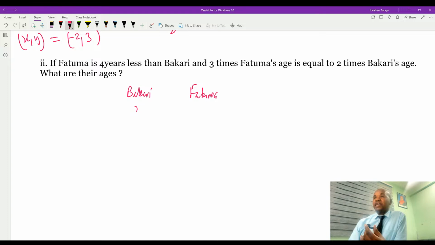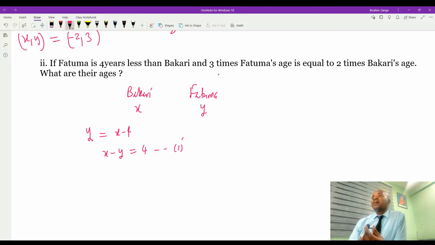So first of all, if Bakari is X years old and Fatuma is Y years old, we'll be having now relationship between X and Y. Fatuma is 4 years less than Bakari. So Fatuma, whose age is Y equals to X minus 4. And we can have equation actually that X minus Y equals to 4. That is going to be the first equation.